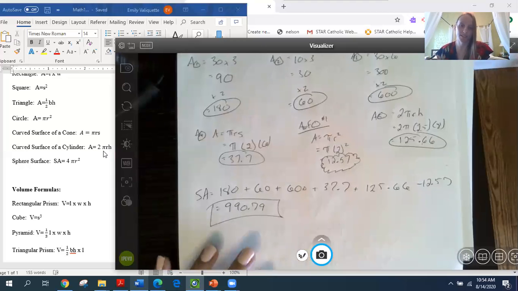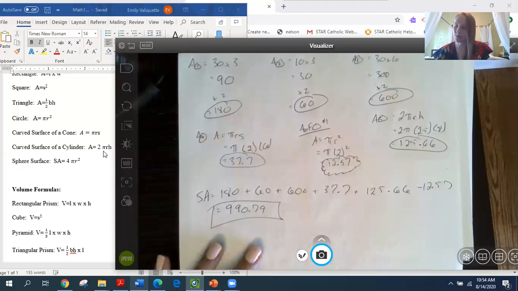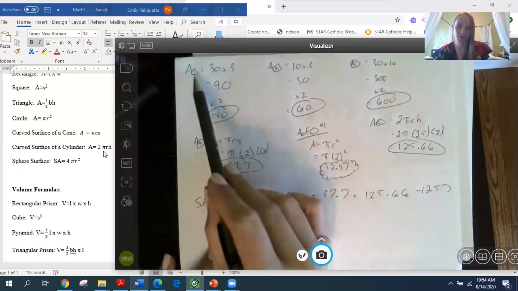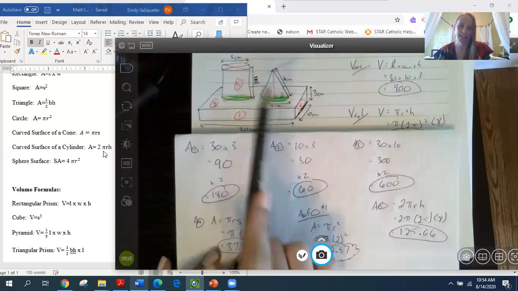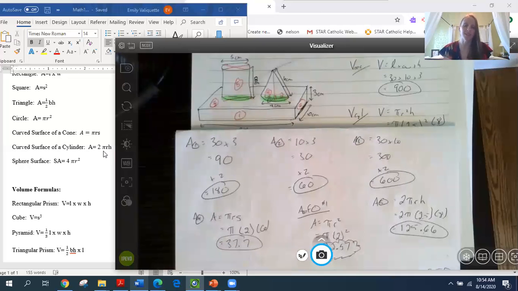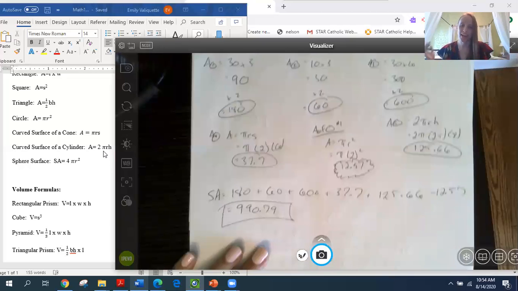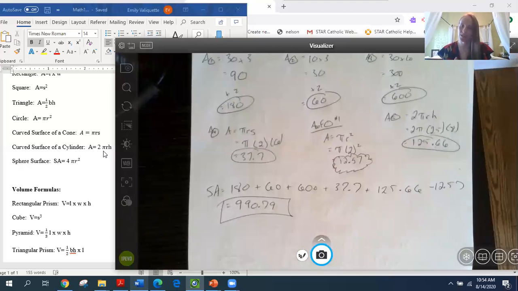But as long as you're really clearly showing your steps, everything is clearly labeled, both on here and on your diagram, then even if you miss a side or miss an area of overlap or something like that, you'll still get lots of part marks. Hopefully I haven't done that, but let me know if I have, or if you're getting a different answer than me. But yeah, that is it for composite objects.